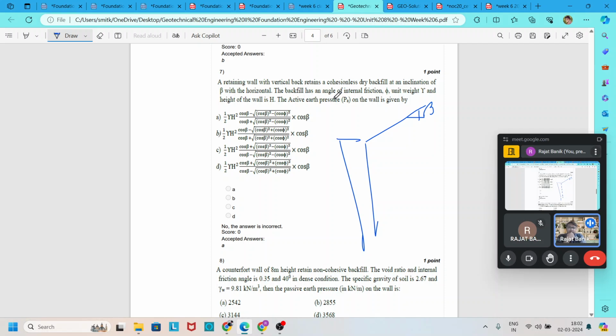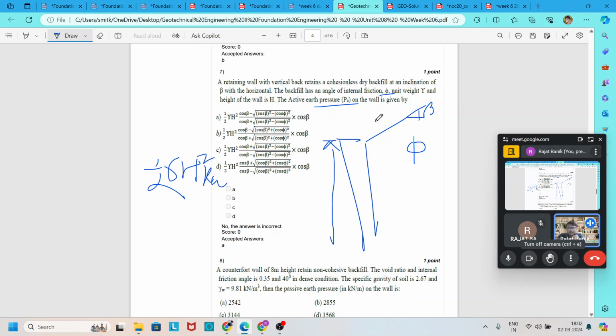The backfill has an angle of internal friction phi, unit weight gamma, and height of wall h. Find out the active pressure. We know that the active earth pressure thrust is equal to half gamma h square into K.